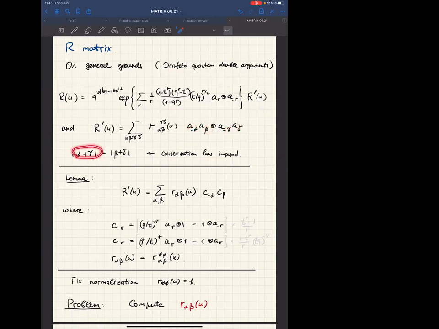So the total number of boxes here and here should be the same. This is the main conservation law that we have. So now we're trying to solve the coproduct equation.